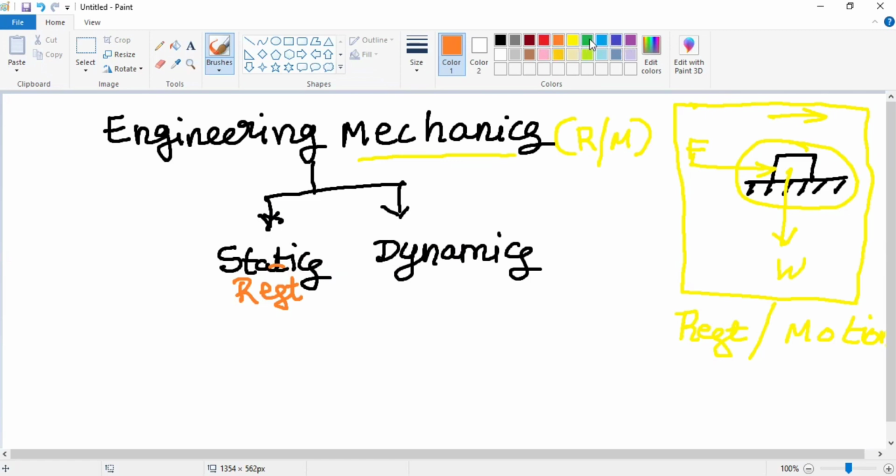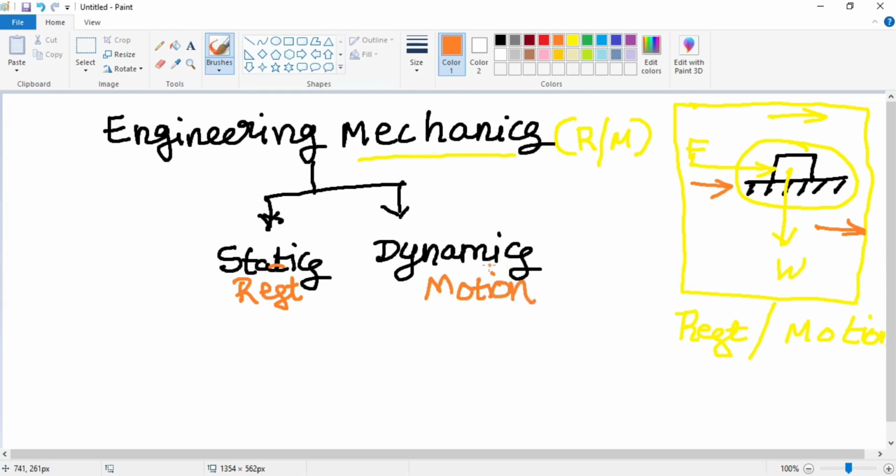Whereas if the body is in motion, suppose you apply a force on the body, then the body definitely moves. If you study that body in the moving condition, that is called dynamics. Dynamics depends on its motion.